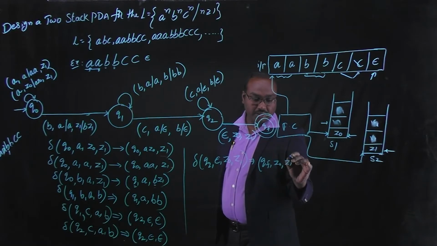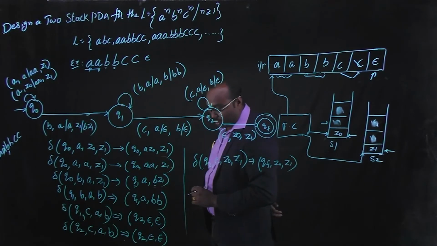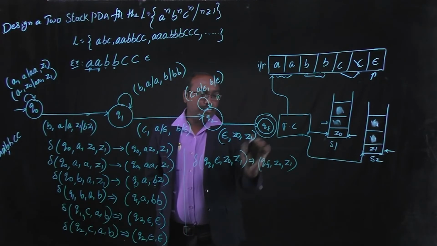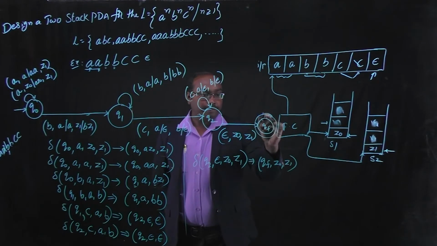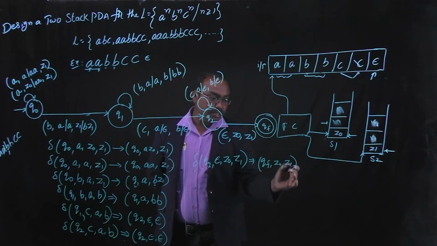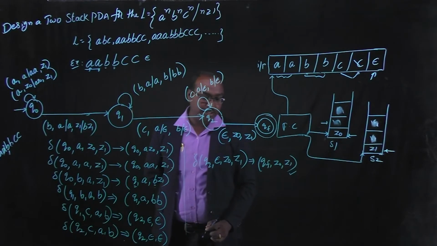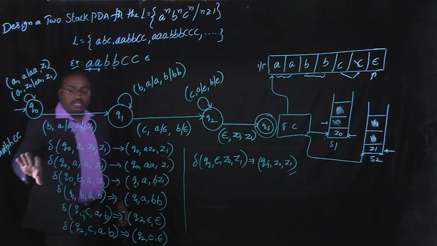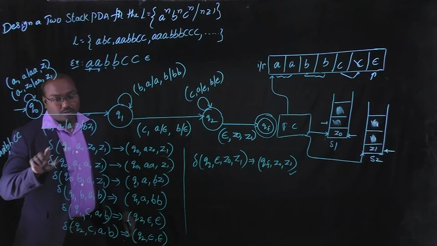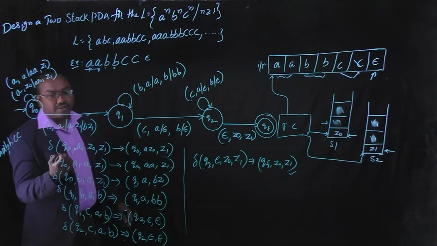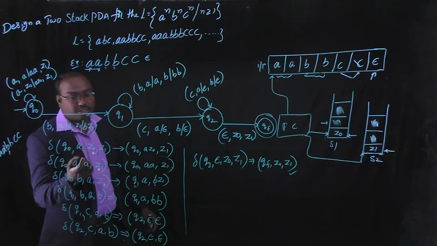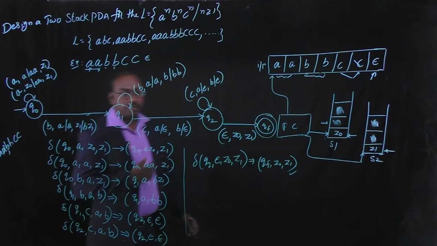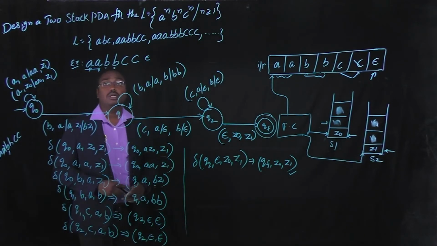Z0 and Z1. So here we are reaching the final state, and then the given string is accepted. Okay, so these are the transition functions. A transition function takes 4 tuples as input and produces 3 tuples. In this way we have to construct a double stack PDA.